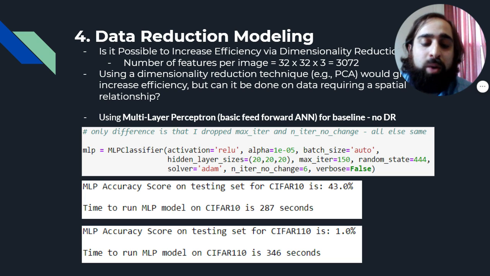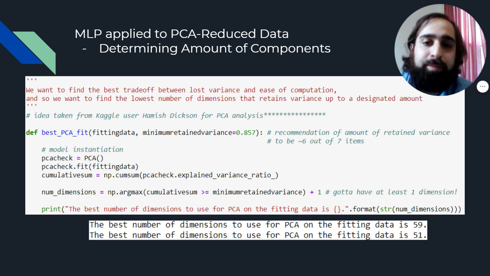Unfortunately, it didn't work all that well for CIFAR 110. That is essentially the null accuracy. And when I say null accuracy, I mean if the model is simply guessing the most prevalent class, what accuracy would you get? And the guessing value here, 1 over 11, is about 0.9%. So that's not all that good.